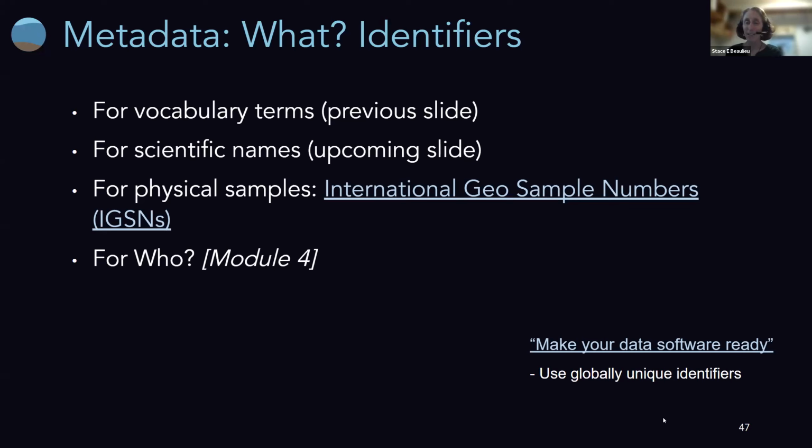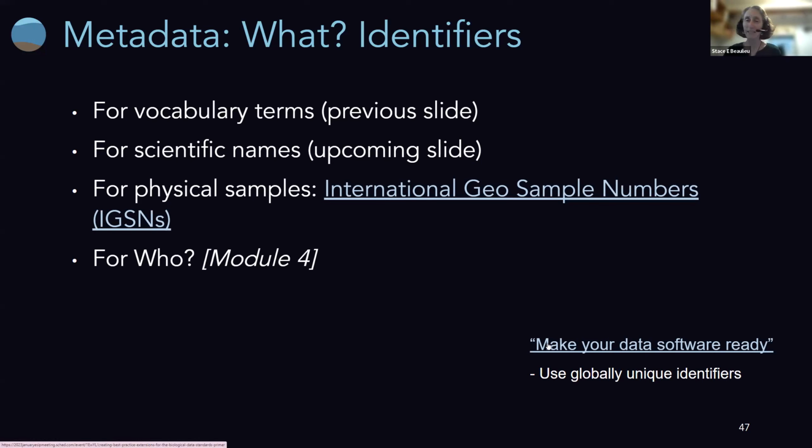So this concept of identifiers is important throughout the metadata. Here, we just talked about an identifier for a vocabulary term. Another slide is going to show you identifiers for scientific names. We probably will see that in the live demo from session 1. Physical samples can have identifiers. We recommend the International Geo Sample Numbers linked here. And for people, we will recommend an identifier in module 4.